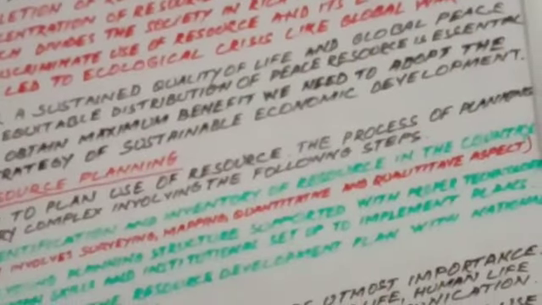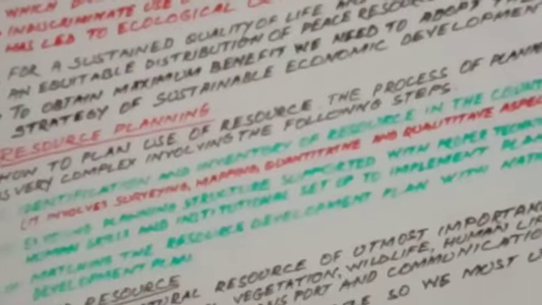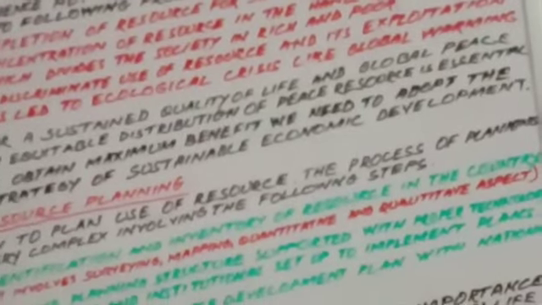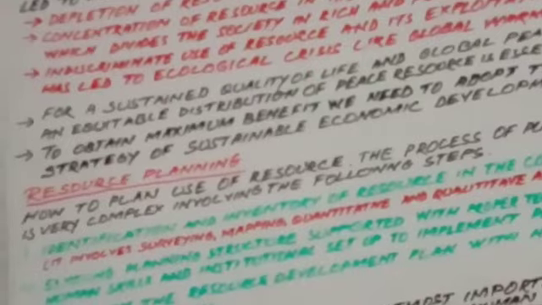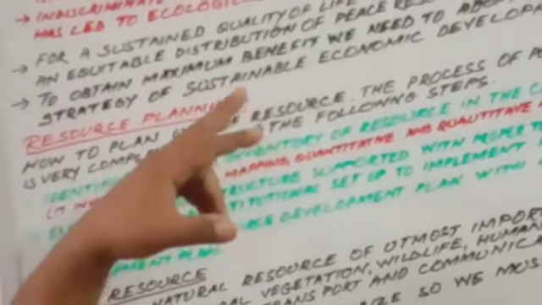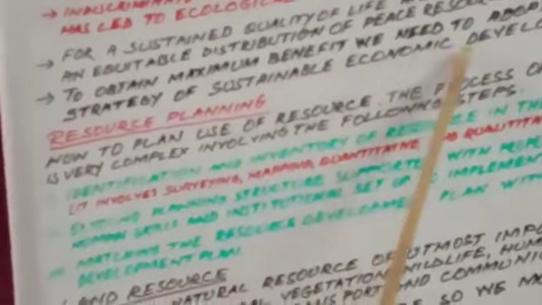For a sustained quality of life and global peace, an equitable distribution of resources is essential. If we want to have a quality and standard life, then equal distribution of resources is absolutely essential. To obtain maximum benefit, we need to adopt a strategy of sustainable economic development.